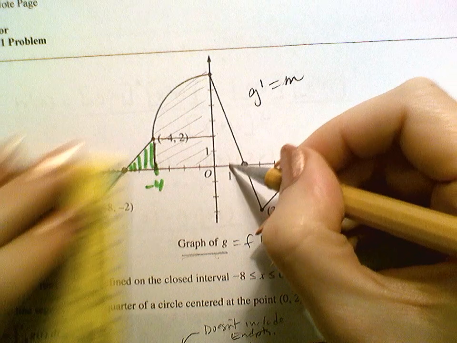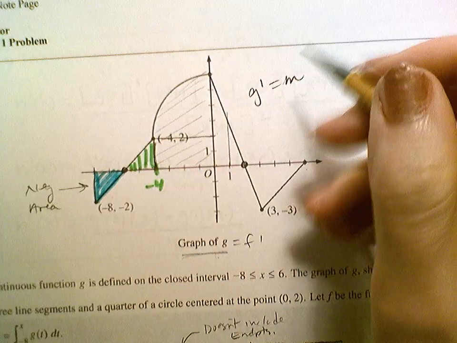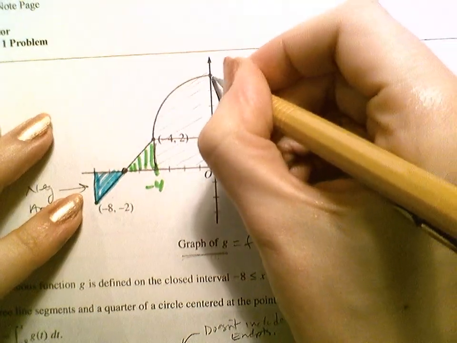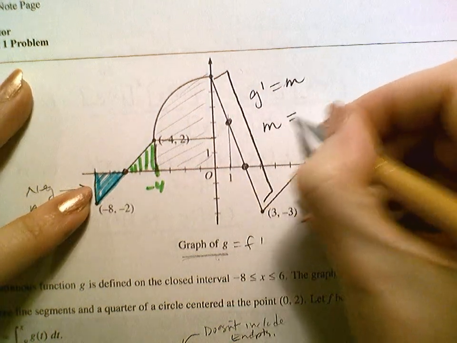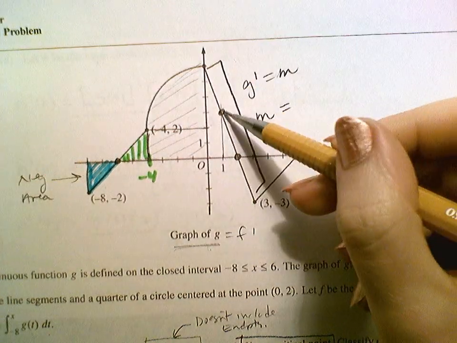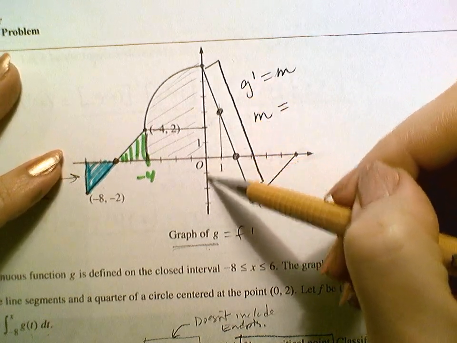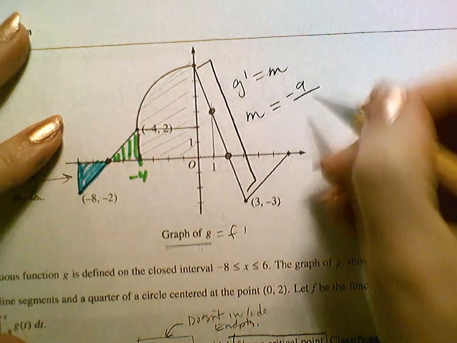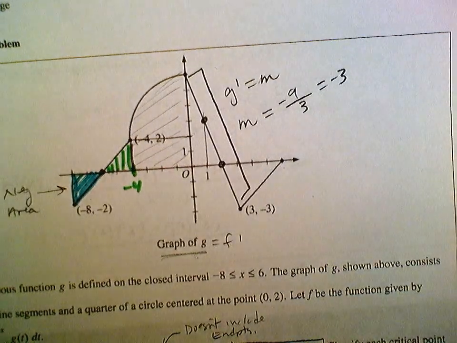And since 1 is hitting the graph there, we need the slope of that line, because the slope of this line is the slope of the graph at 1. So 1, 2, 3, 4, 5, 6, 7, 8, 9. That's the rise, and then the run, we go over 3. So that's g prime of 1.